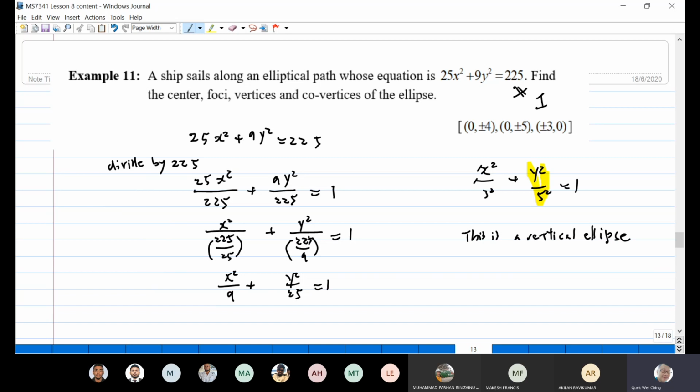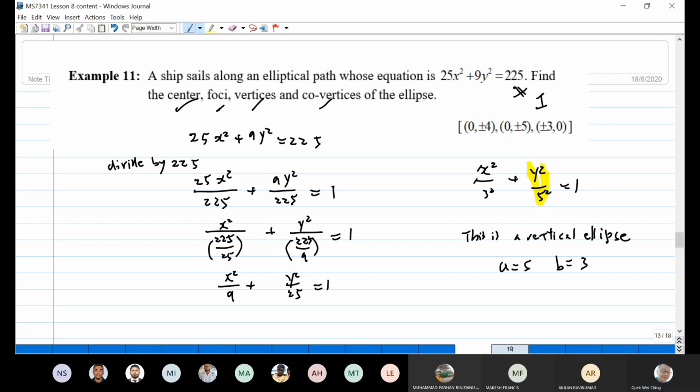So I can start drawing now. We know that a equal to 5, b equal to 3. Okay, the center is still 0, 0. I want to find the center, foci, vertices, and co-vertices, so all these things I need.